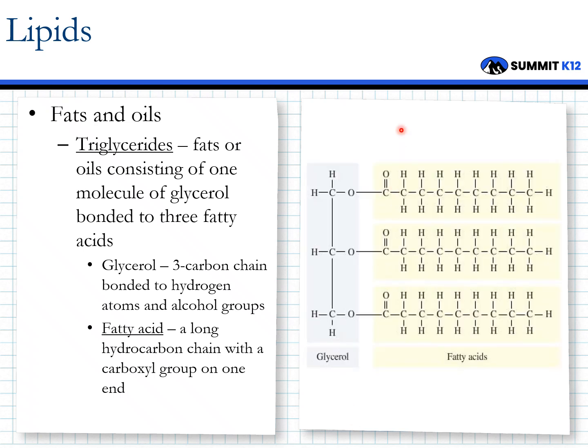So you can see here, right, glycerol is this one molecule with 3 carbons. And then we have fatty acids with all these carbons bound to hydrogens and that one carbon bound to oxygen on the end.